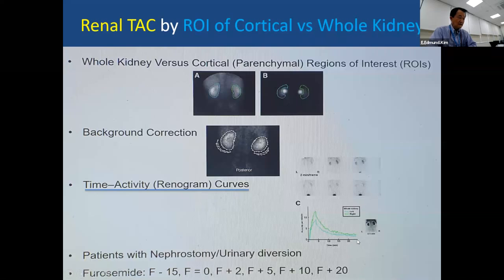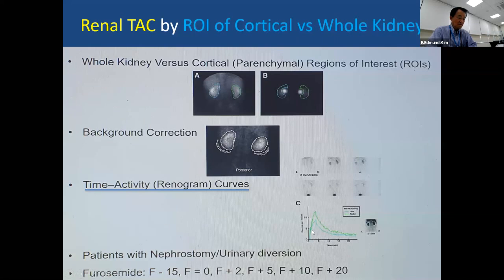And the normal time activity curve should be like this. So outlining the whole thing, and just the cortex, actually makes about a similar result if there are no prominent renal pelvises.